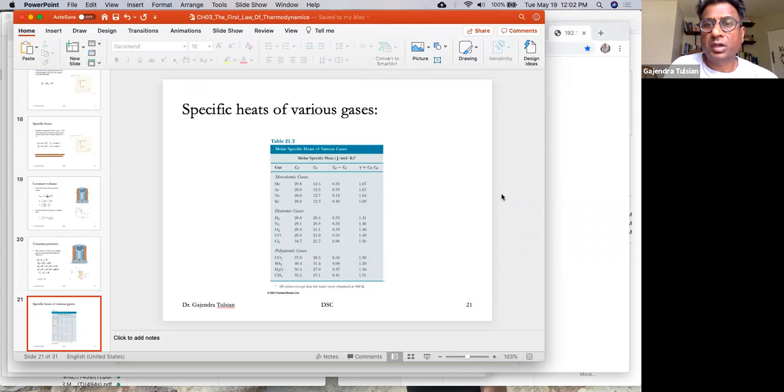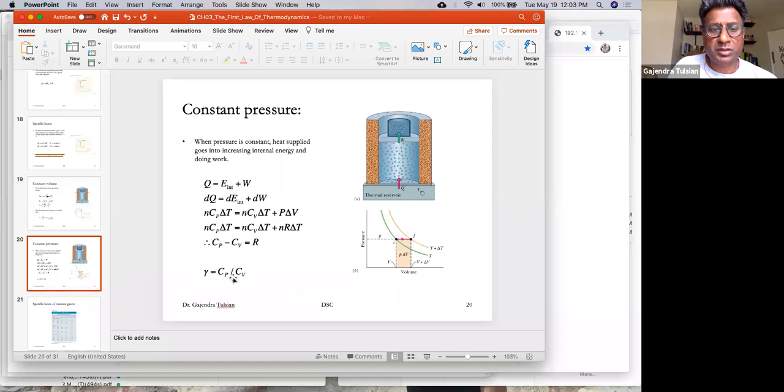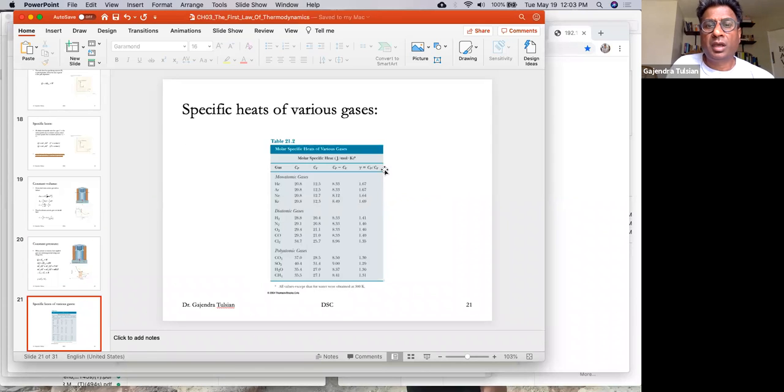Okay, so here's what I want to point out about gamma. Gamma was the ratio of specific heats. And you see for monoatomic gases, gamma is 1.67. For diatomic gases, gamma is 1.4. And for polyatomic gases, gamma is less than that.